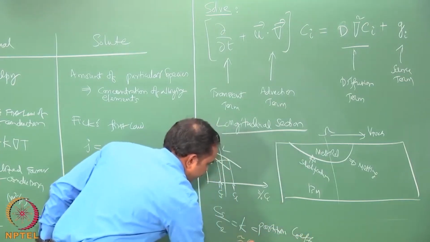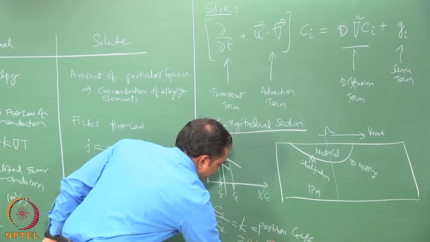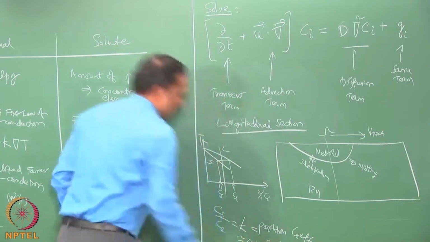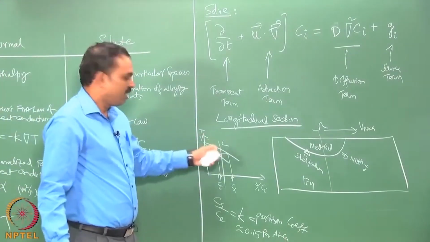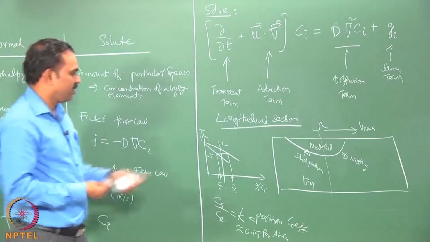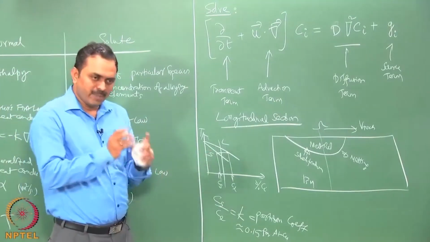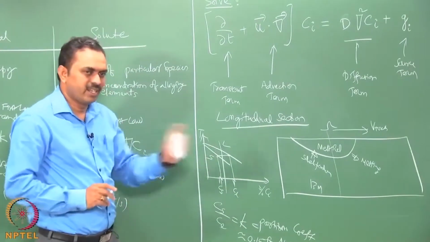Which is approximately, let us say 0.15 for aluminum copper alloys. Okay. So, essentially it means that when a solid is forming out of a liquid, entire composition is not converted as a solid, it will be only a part of it and rest of it has to be left in the liquid itself.